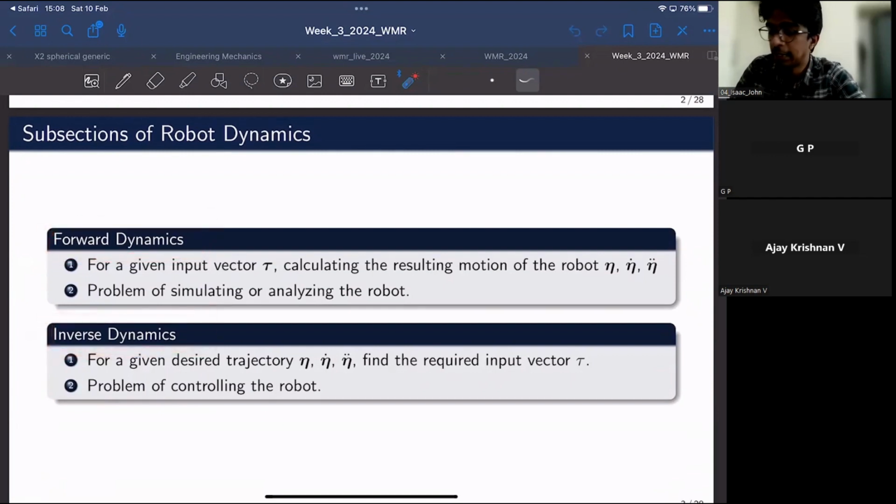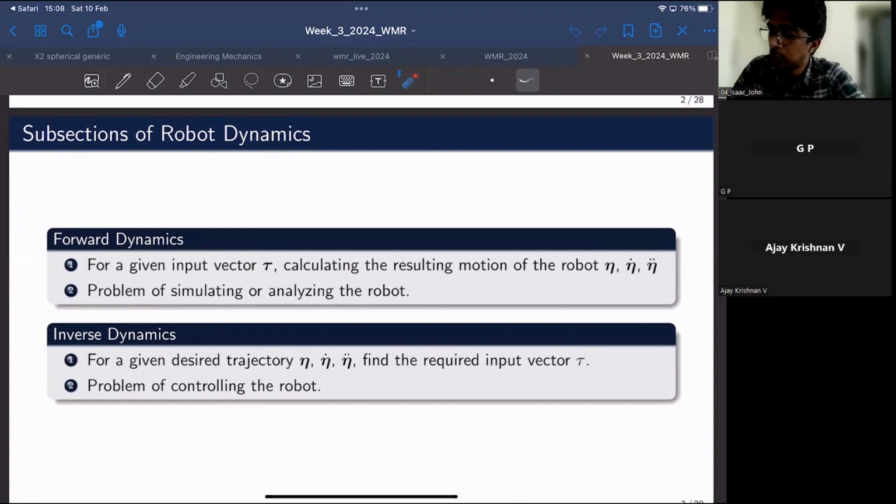In the case of a forward dynamics problem, it's basically the estimation of the trajectory of the robot for a specified input vector of torques or moments. It'll be simply like, if you give some control inputs to the robot in terms of forces, how will the robot move? How will the trajectory of the robot behave? So that is more or less the forward dynamics problem.